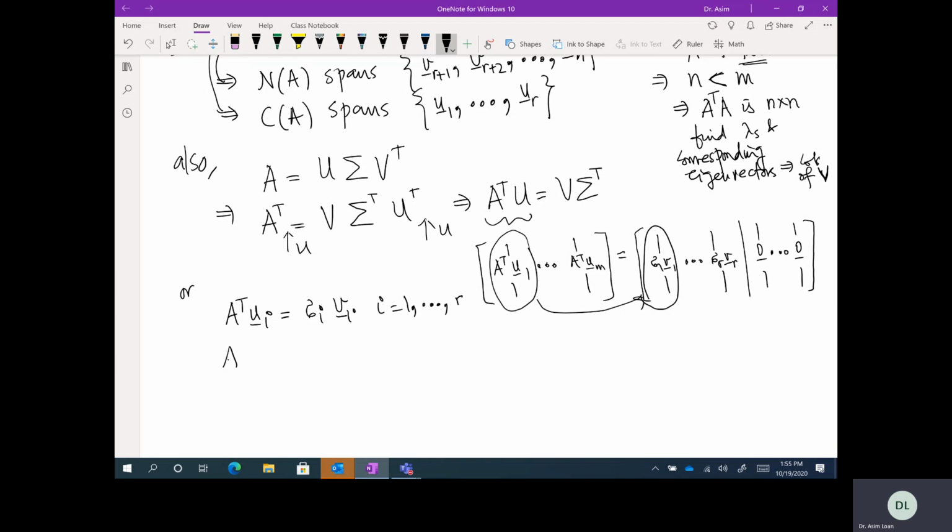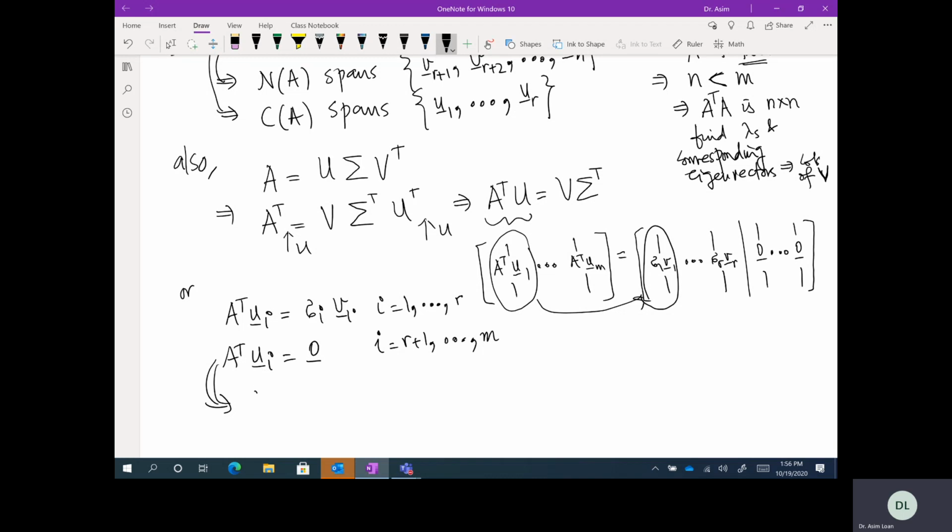And for all the others, A transpose Ui is equal to 0 for i equal to R plus 1 up to M. So this implies Ui belongs to the null space.